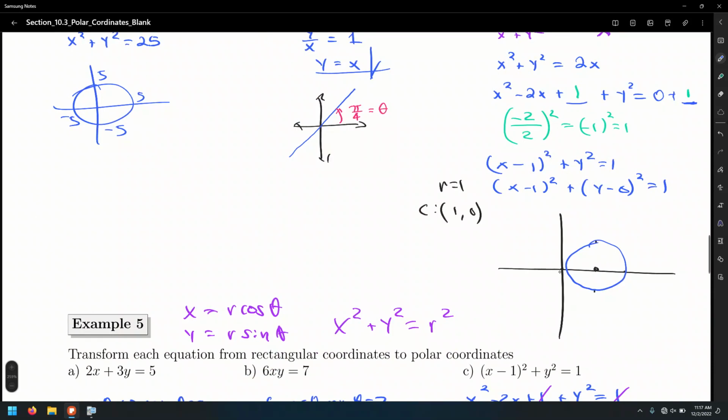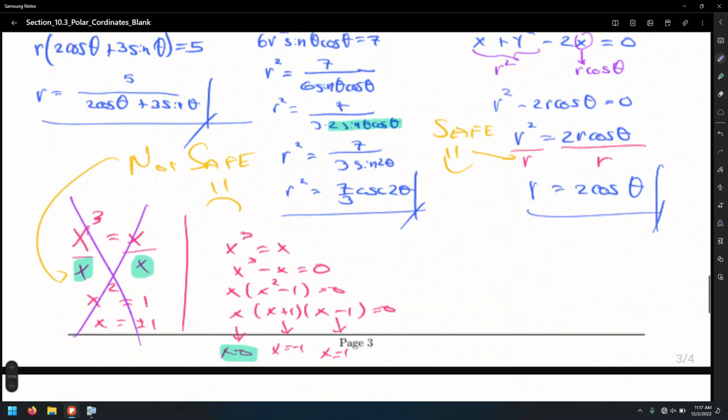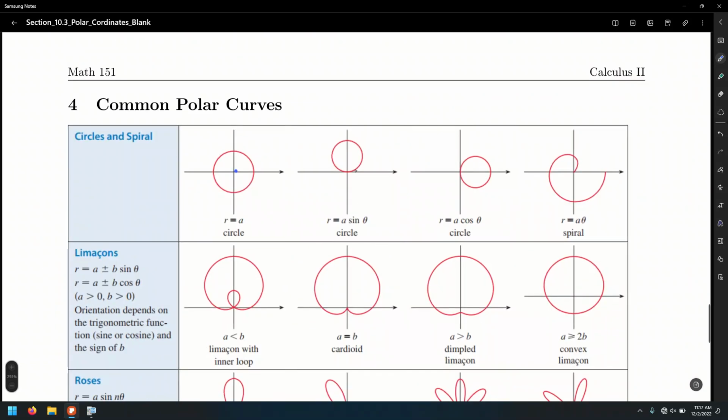So in this case, notice the shifting of the circle. It's to the right, and when it comes to sine, the shifting is vertical. That you can relate to. Again, you're not expected to memorize all these ideas, but what I'm trying to do here is just connect some ideas.